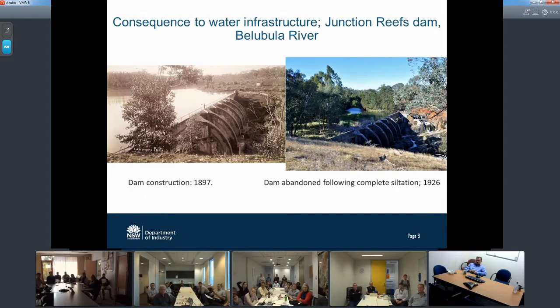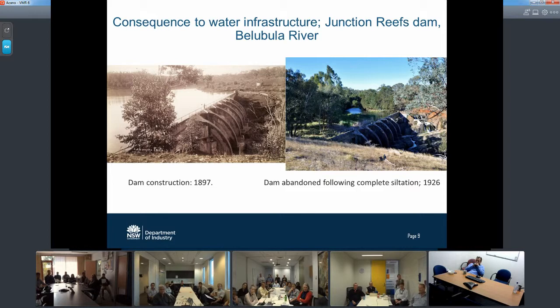And lastly, just on consequence, and I've focused particularly on sediment, but it can also have major impacts on water infrastructure. This dam, the Junction Reefs dam on the Belubula River, although it was created to supply water to the gold mines close to Orange, was forced into abandonment by 1926 because huge degradation happening in the upstream parts of the Belubula River swamped the entire dam pool with sediment.